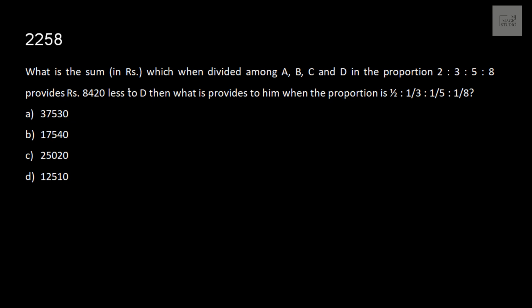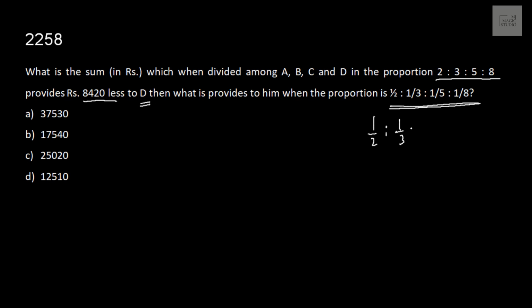What is the sum which when divided among A, B, C, D in the proportion 1/2, 1/3, 1/5, 1/8 provides 8420 less to D than what it provides to him when the proportion is 2, 3, 5, 8? First of all, we need to convert this into the proper ratio format.